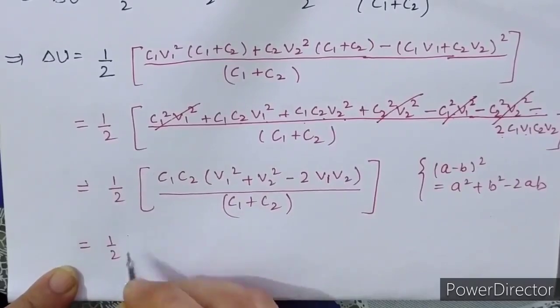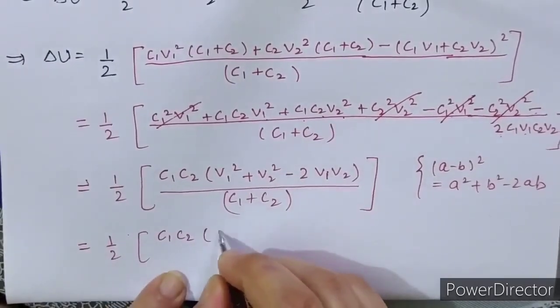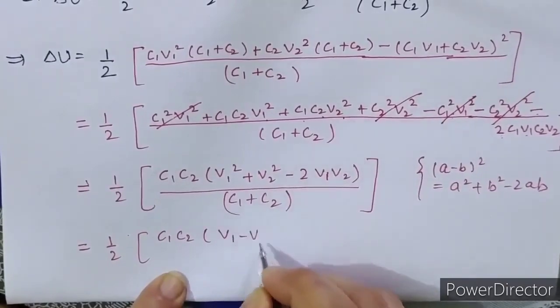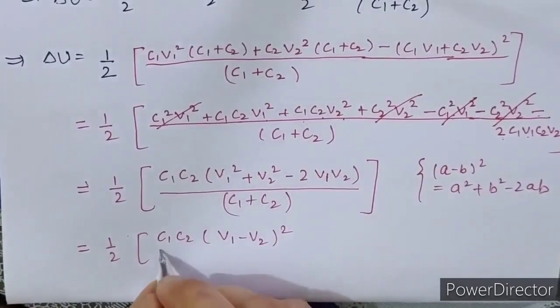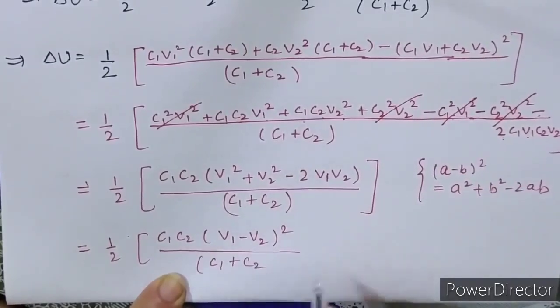So half C1 C2 (V1 minus V2) whole square divided by C1 plus C2.